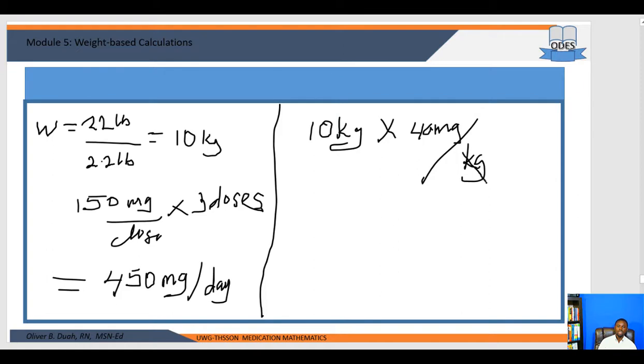So kilogram will cancel kilogram, and we have 10 times 40, which is 400 milligrams per day. This is also per day.